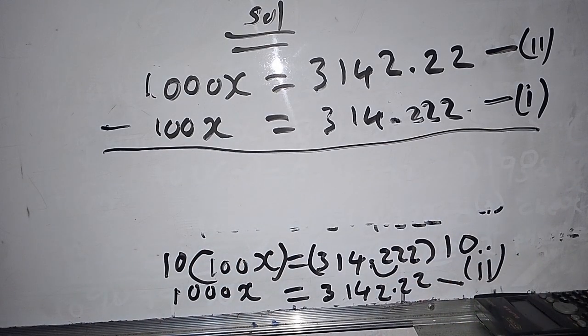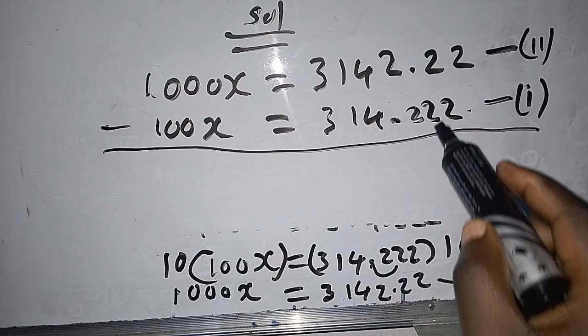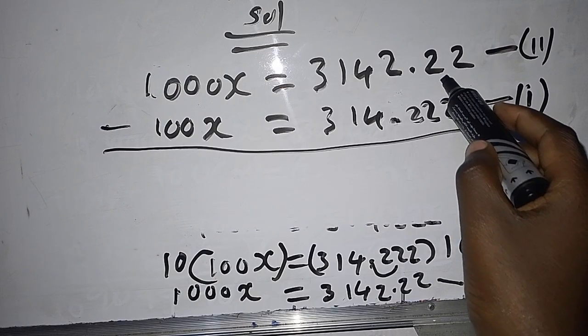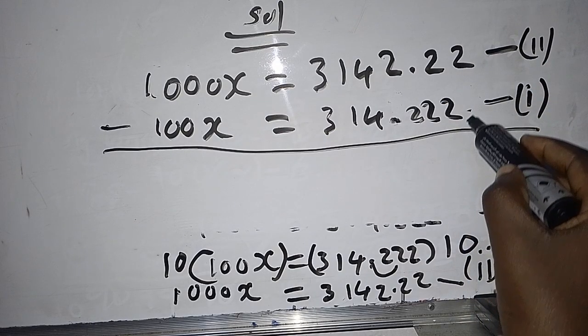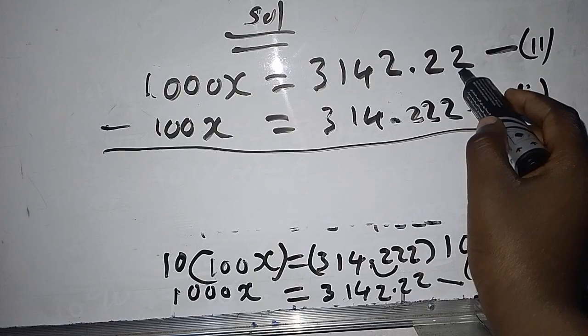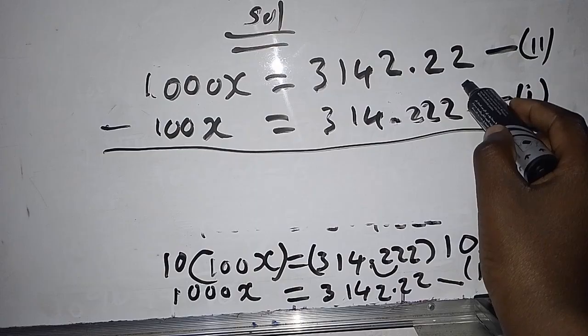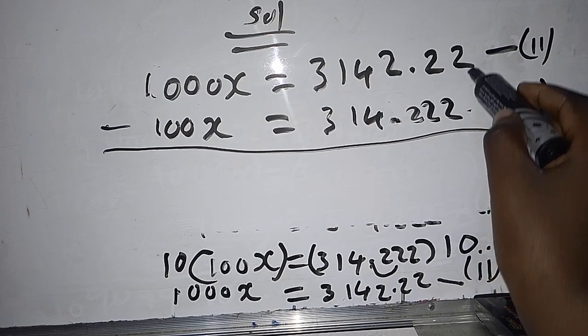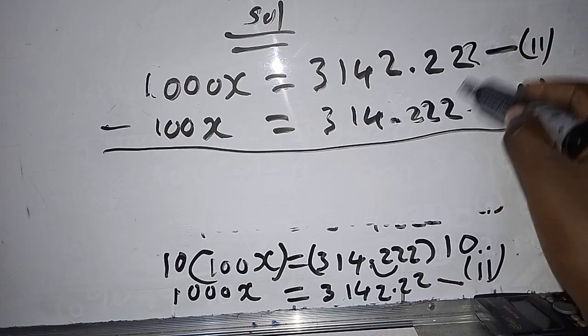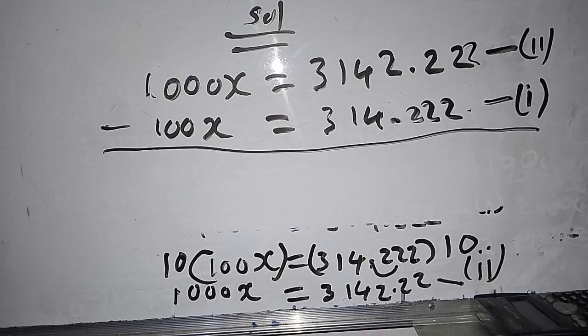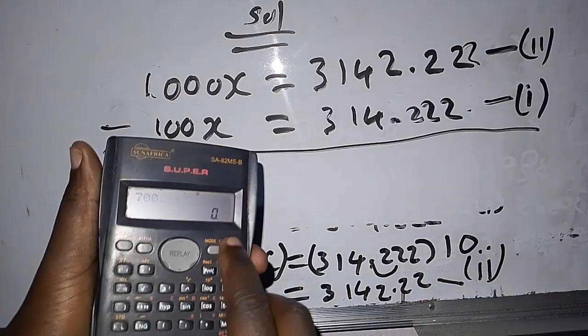When you subtract, you have to make sure the repeating numbers on equation 2 and equation 1 are equivalent. As you can see here, there is 1, 2, but 2 is repeating, so we add another 2 so that they are always equivalent.